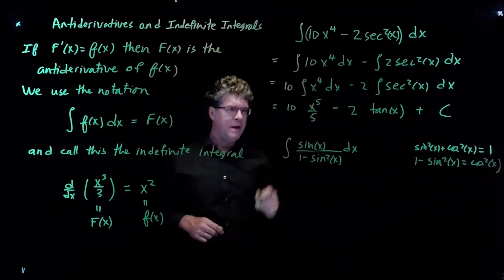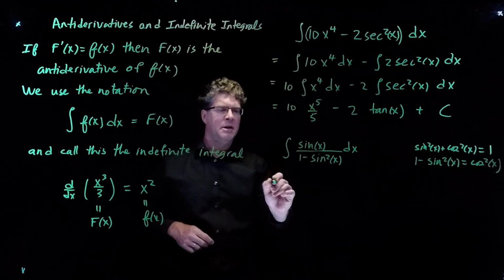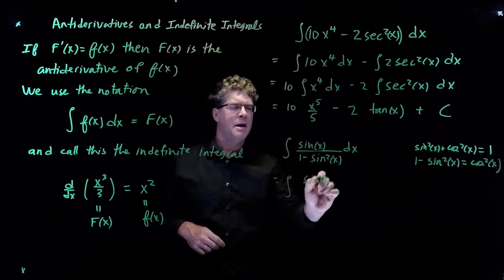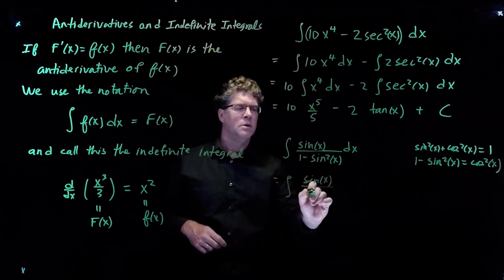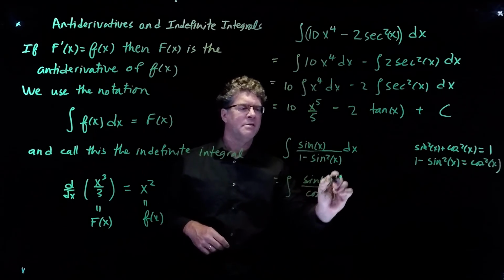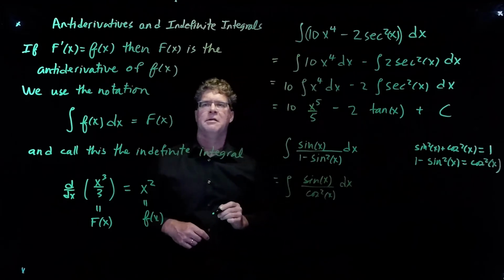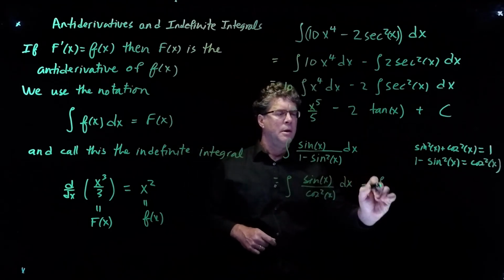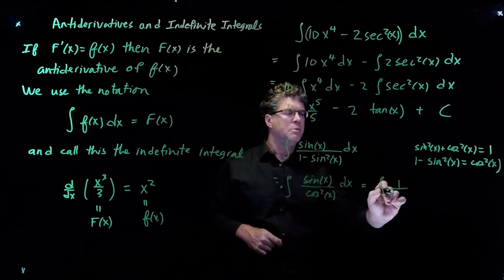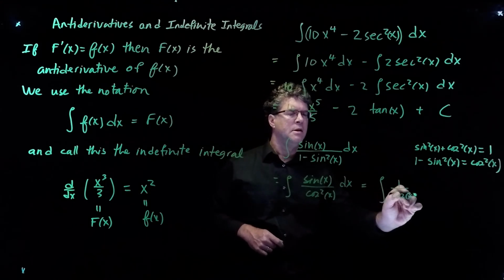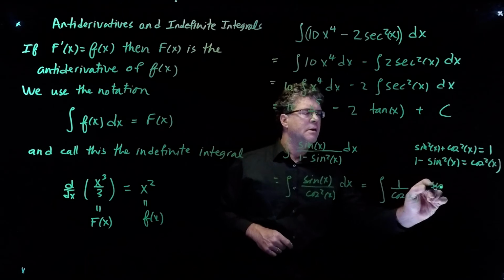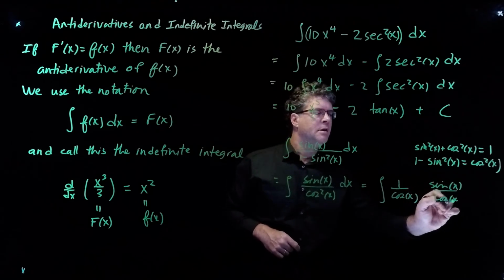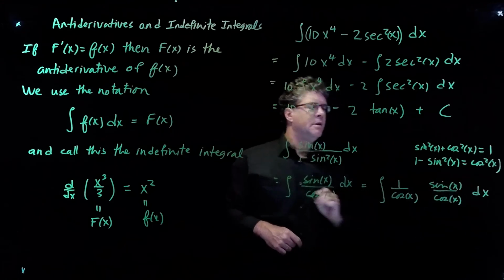So we can rewrite this integral as being equal to integral sine x over cos squared of x dx. And then we can rewrite it one more time as 1 over cos x times sine x over cos x dx.